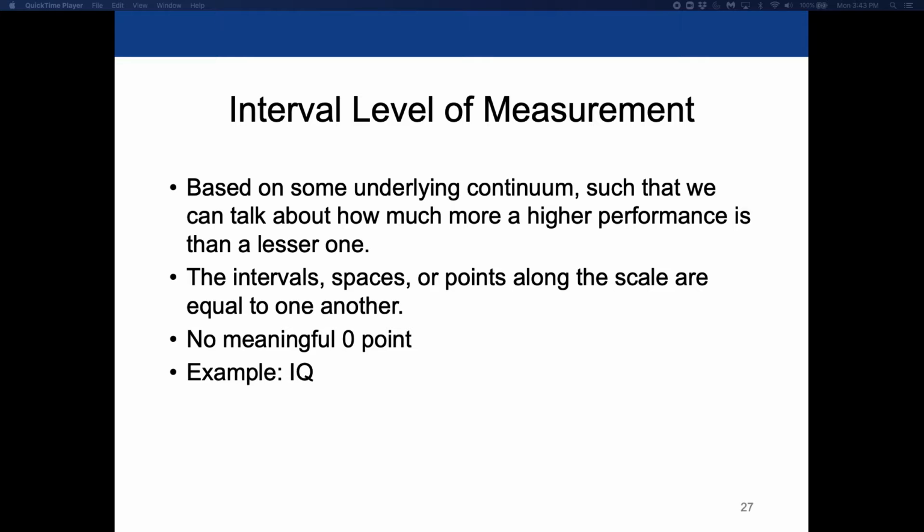But here, the thing that we're measuring doesn't have a meaningful 0 point. So it wouldn't make sense to say there's a 0 point of an interval level variable.